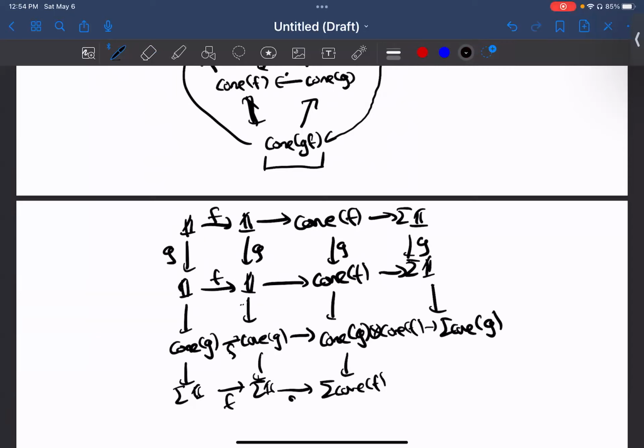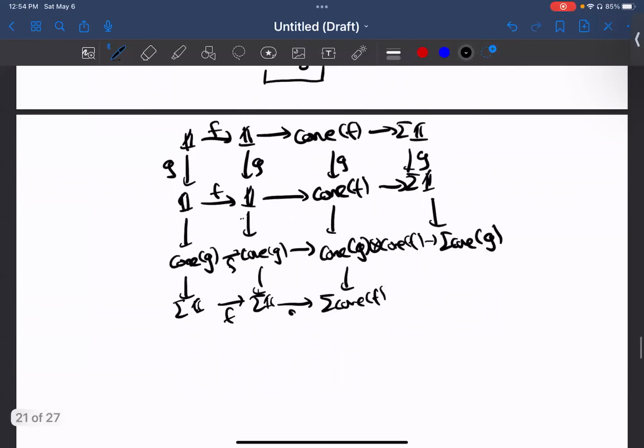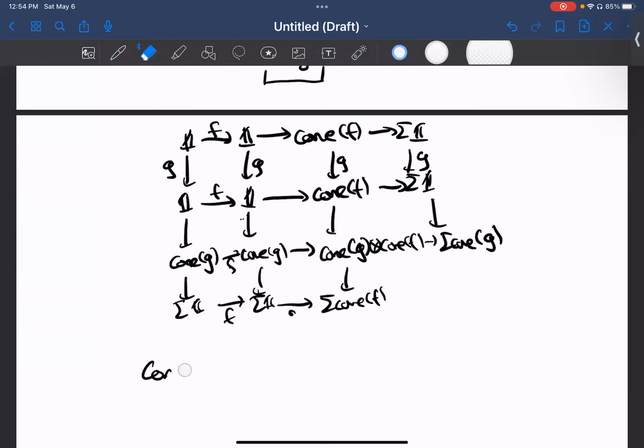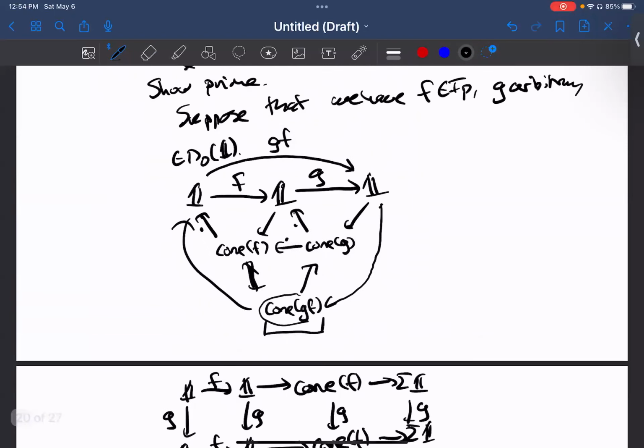So what we can note is that the cone of fg is the cone here of this here.